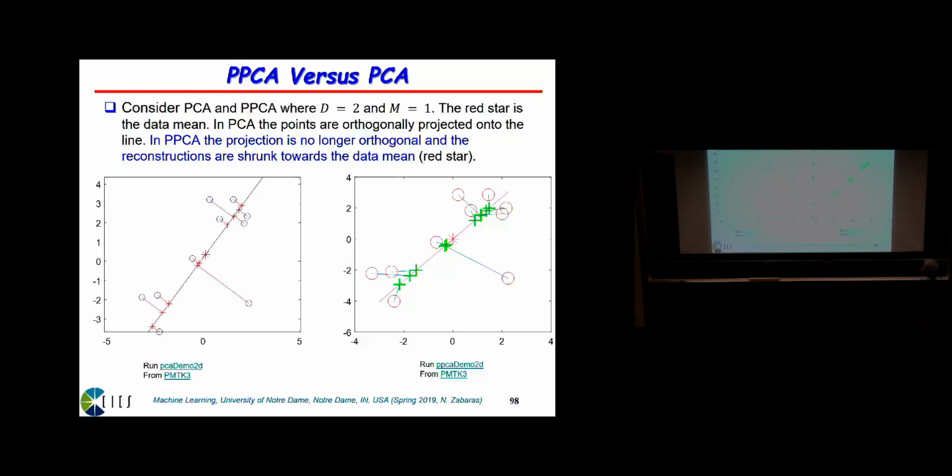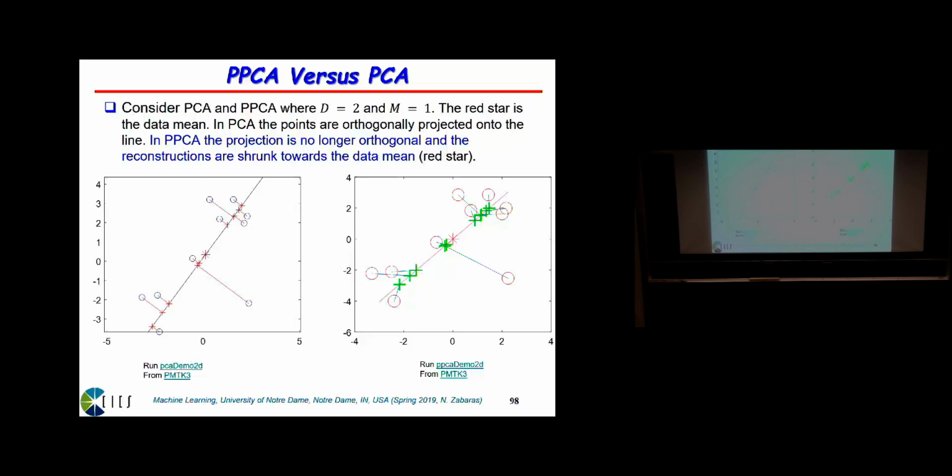When you do probabilistic PCA, the projections that you see here are not orthogonal. They are all shrinking towards the mean that you see with this star there. That's the major difference between probabilistic and regular PCA. In some sense, probabilistic PCA does this generic shrinkage that acts as a regularization process that we have seen in many different settings.